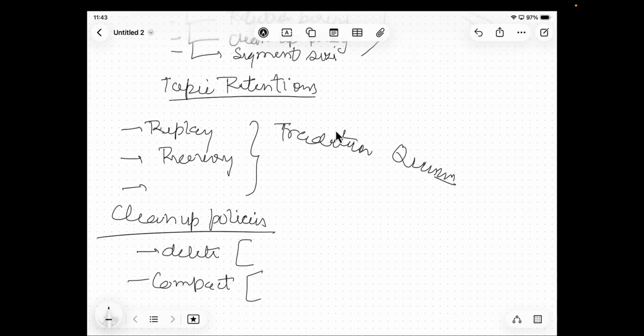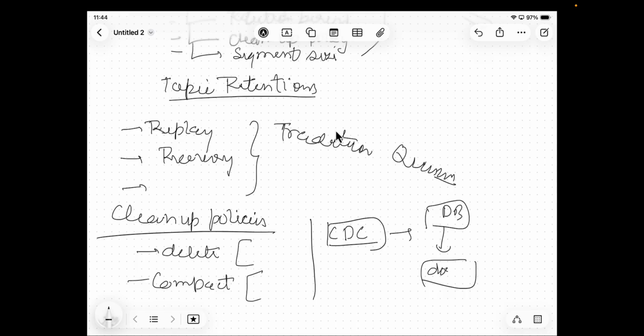So log compaction is useful in use cases like maintaining the current state, caching systems, change data capture streams. So what is happening in this? If I talk about, suppose, CDC, it's a change data pipeline. So what happens in this? Whenever any change happens on the database side, that change goes to some downstream system. Okay. So it always gives the latest record. It's not going to give the second-to-last record.